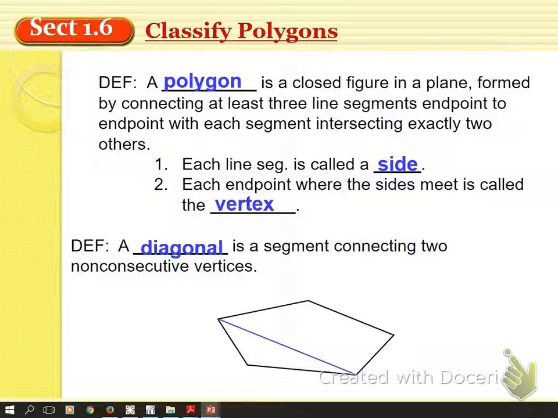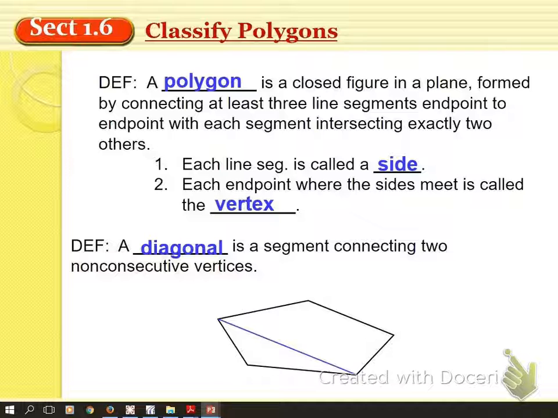Or we can talk about consecutive vertices now. Consecutive vertices would be 2 vertices that share a side, right? So this vertex and this vertex share this side. So those are consecutive. This vertex and this vertex share this side, so those would be consecutive. Okay, but this is a diagonal because it's joining this guy, and they are not sharing a side.